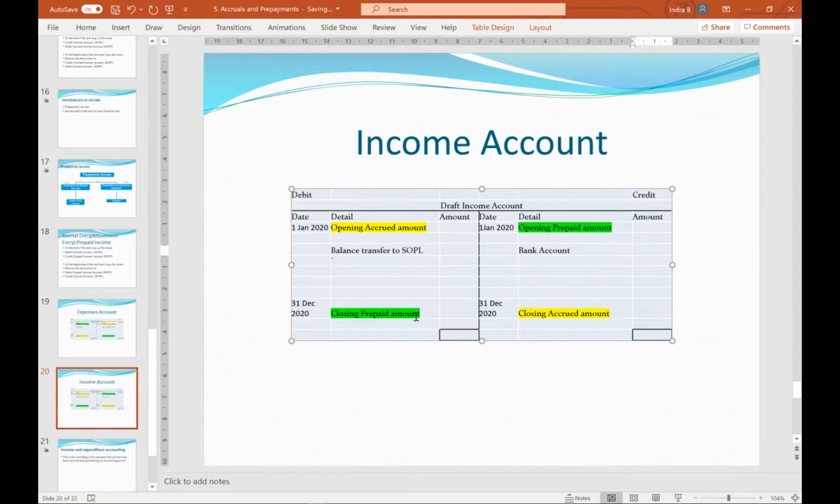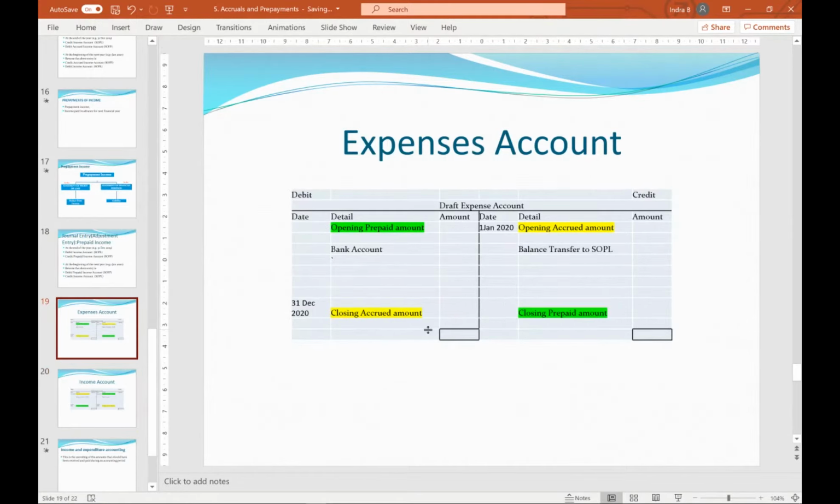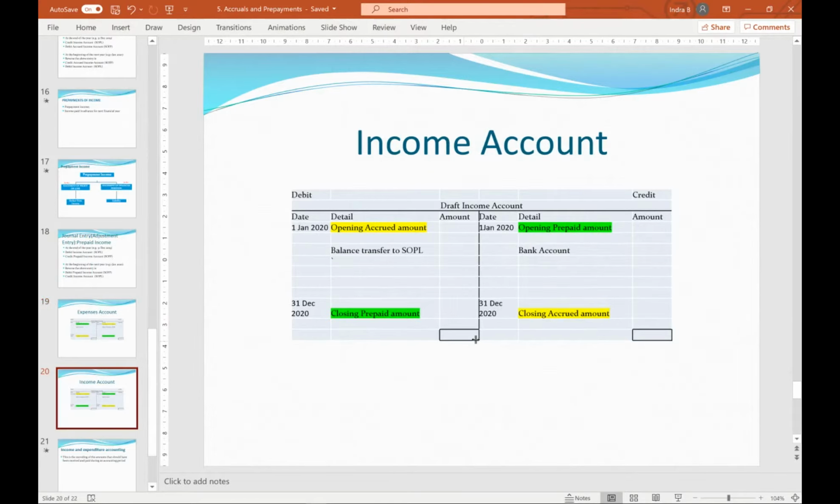So it will go either into the asset or liability. So if it is an expense account, we say the closing accrued expense will be liability, closing prepaid will be asset, right? But this will be the opposite. So here, if closing accrued expense is liability, then closing accrued income is an asset.